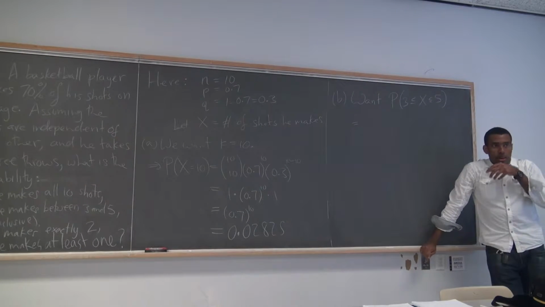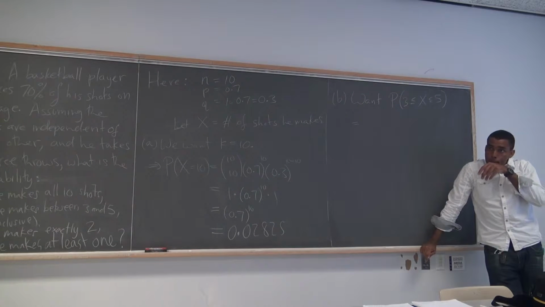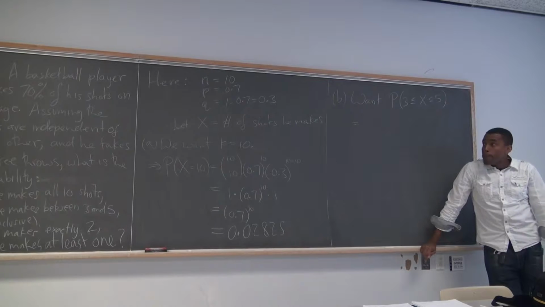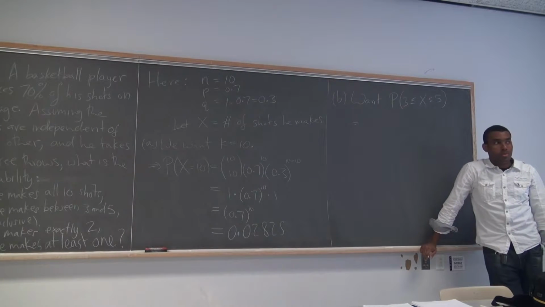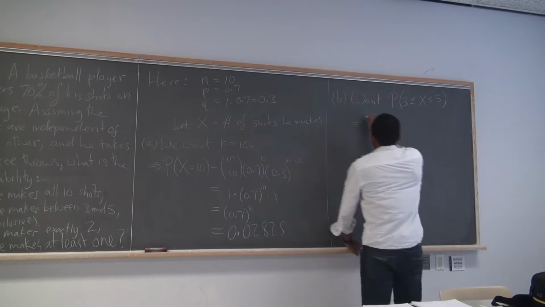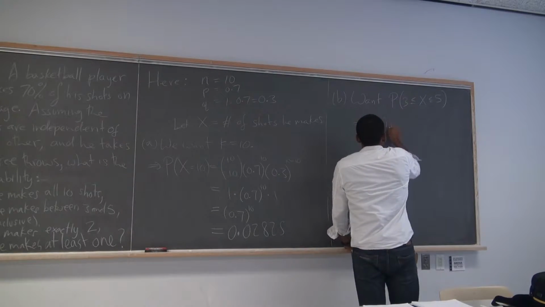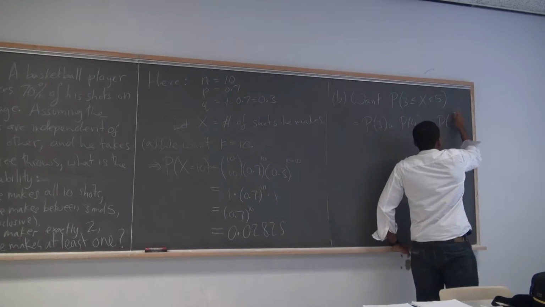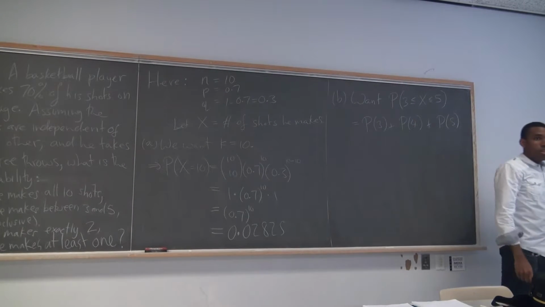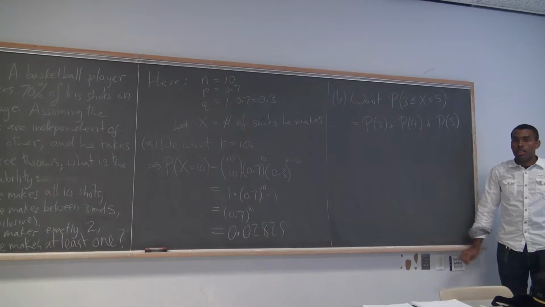How do you think we do that one? And the probabilities of 3 and 4 and 5. And what do we do with them? Probability of 3 plus the probability of 4 plus the probability of 5. Why would I add them? It's mutually exclusive and there's an OR.